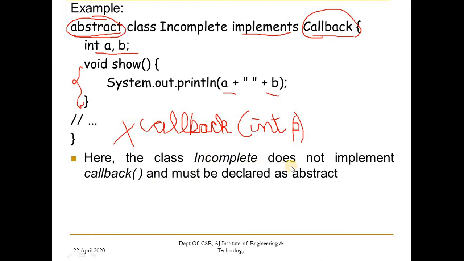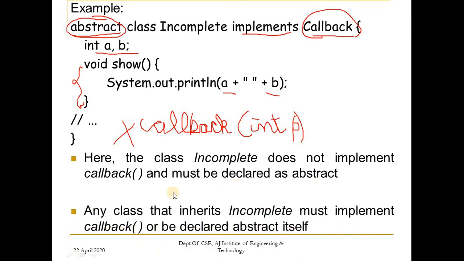Here the class Incomplete does not implement Callback and must be declared as abstract. Any class that inherits Incomplete must implement Callback or be declared abstract itself.